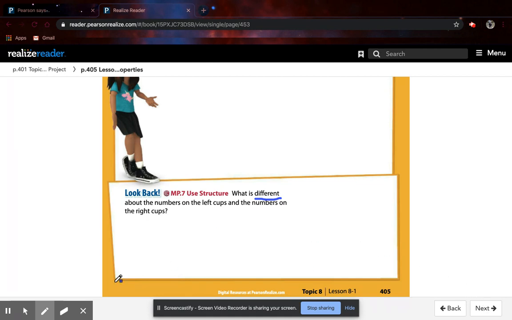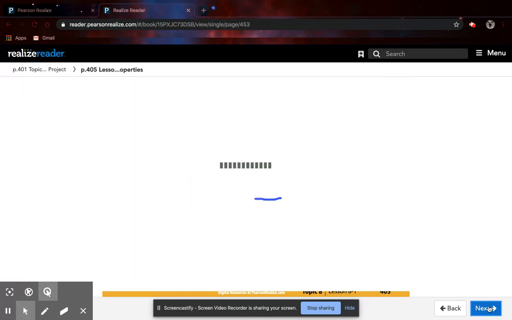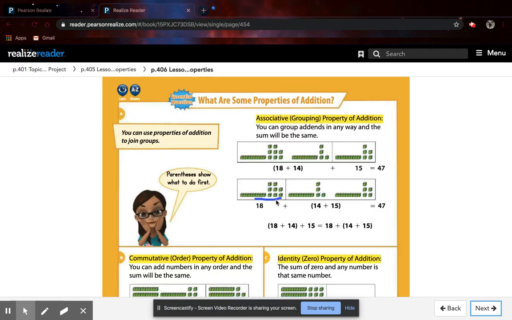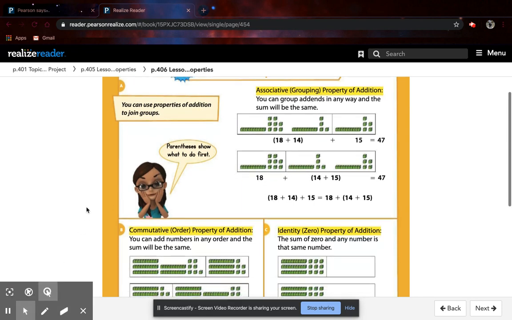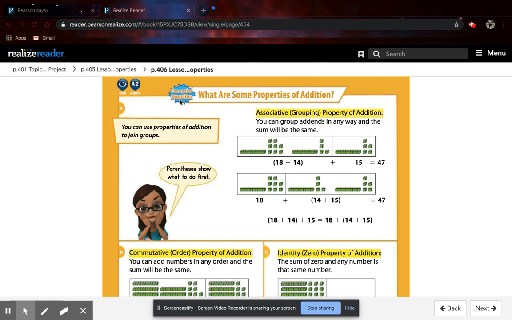Okay. So I'm going to go to the next page. So page 406. Erase my mark. So on this page, remember, our essential question, which is, what are some properties of addition? Just like when we were beginning to learn about multiplication, there were different properties, and the properties have the same names for addition.